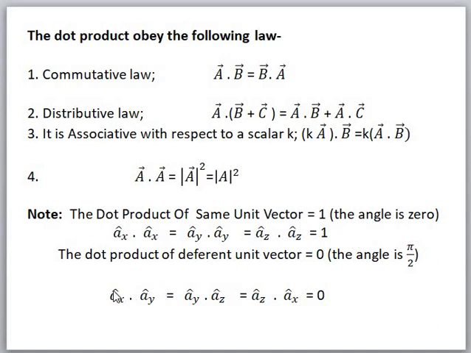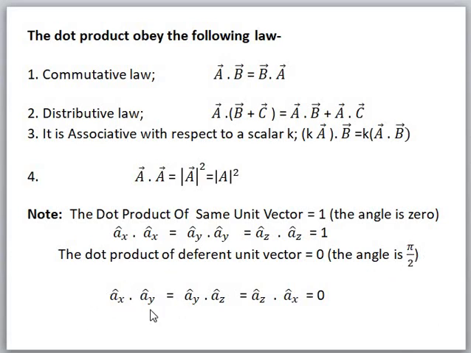Now the second point, the dot product of different unit vectors is equal to 0. It means the dot product of different unit vectors is equal to 0, and the angle between different unit vectors is equal to pi by 2, that is 90 degrees.